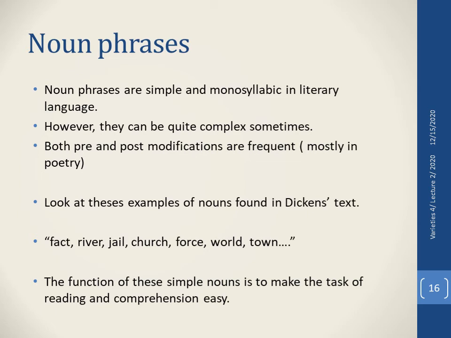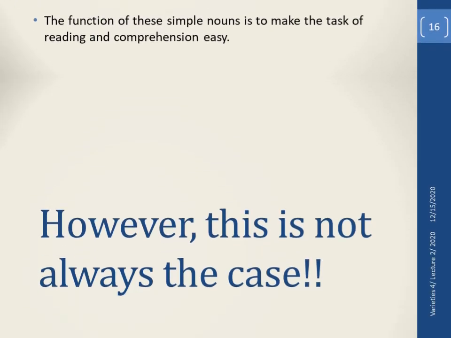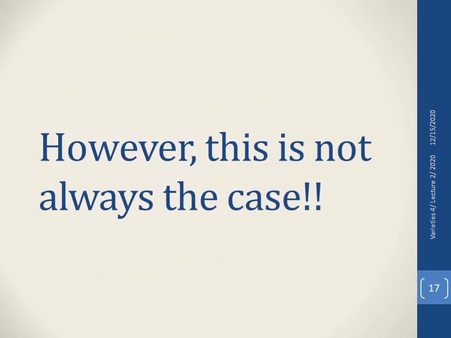Look at these examples of nouns found in Dickens' text: fact, river, jail, church, force, world, town, and more. The function of these simple nouns is to make the task of reading and comprehension easy. However, this isn't always so.